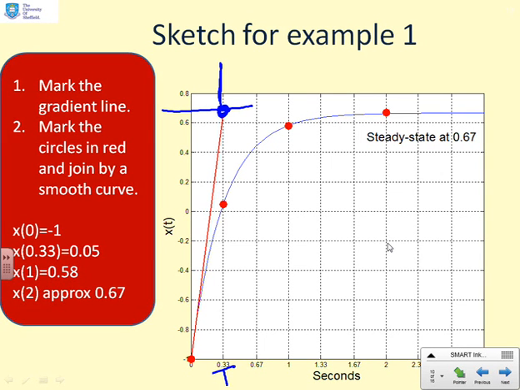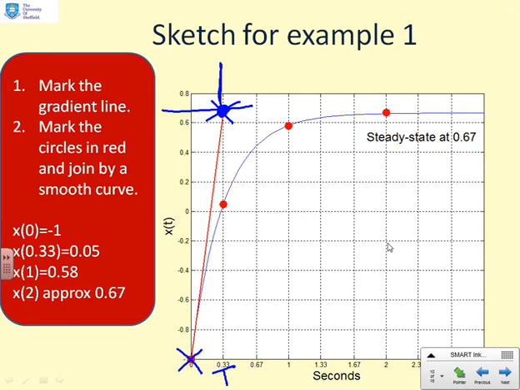So if I put that point, hopefully you can see what I've done: all we've done is draw a line from the initial condition to that point. So basically we get to the steady state in one time constant, we draw a straight line between those 2 points, and that gives me the gradient at x of 0. And hopefully you can see that this blue curve does indeed follow that gradient.